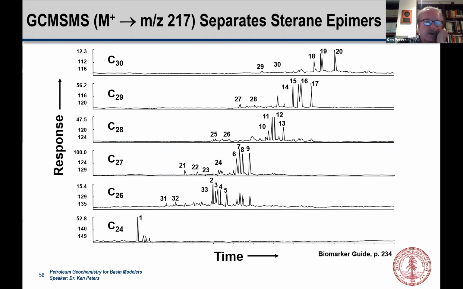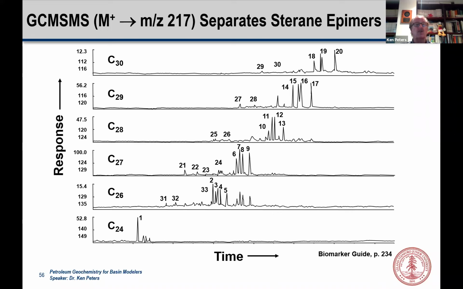Here we have, this is a standard right here, but here is the C26 steranes. You can see there are a whole series of them coming through here. And this is now GCMSMS, where we focus in the first quadrupole on the molecular ion, which is this mass. And then we look at M over Z 217 in the third quadrupole after those molecular ions have broken apart.